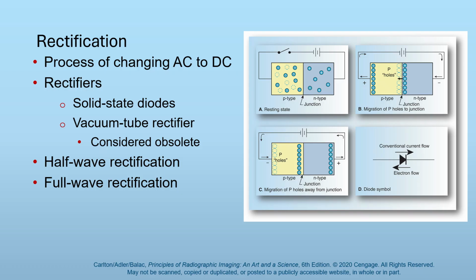So vacuum tube rectifiers, half wave rectification just kills the circuit, kills the current if it's trying to flow the wrong direction to the X-ray tube. And we burn up the vacuum tube rather than burning up the X-ray tube. And so it's cheaper to replace the vacuum tube. And so that's just like circa 1930 or so.